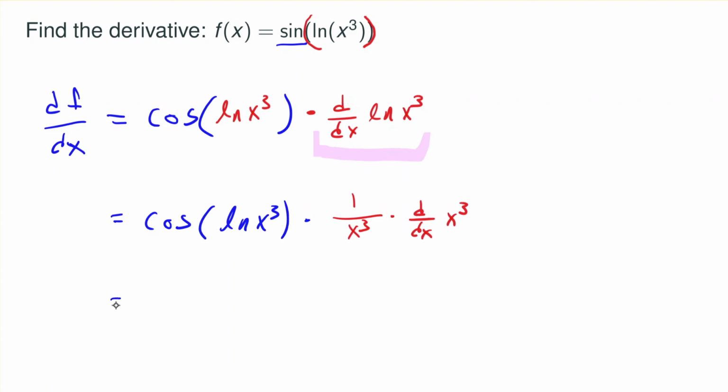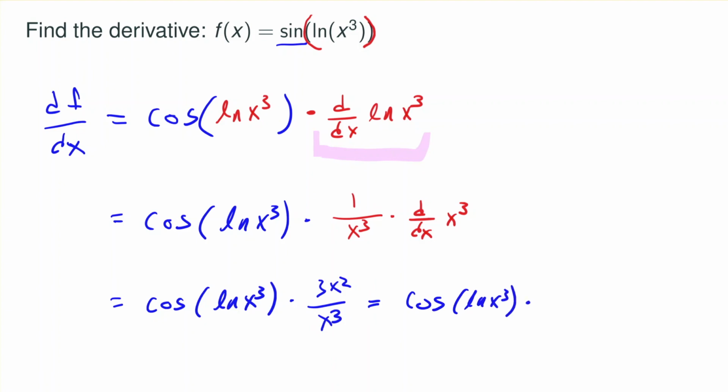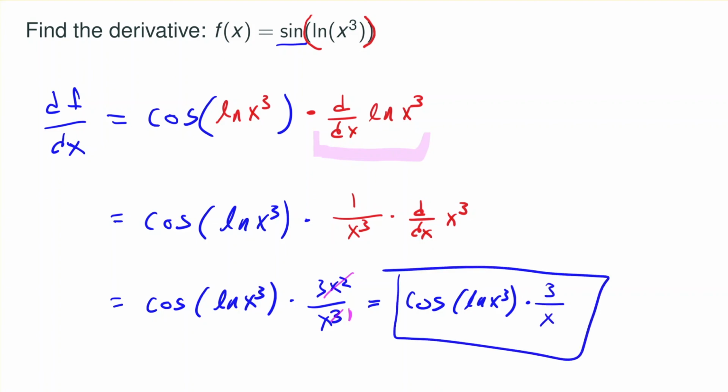So next line we can write it, cosine of ln x to the third times the derivative of x to the third, which is 3x squared. So 3x squared over x to the third, which can simplify to cosine ln x cubed multiplied by, let's look here, 2 of these can cancel out with 2 of these, so we have only 1 x left in the denominator. So we have 3 over x. So this right here is the derivative of this function.